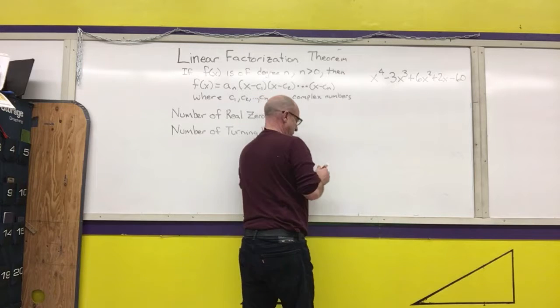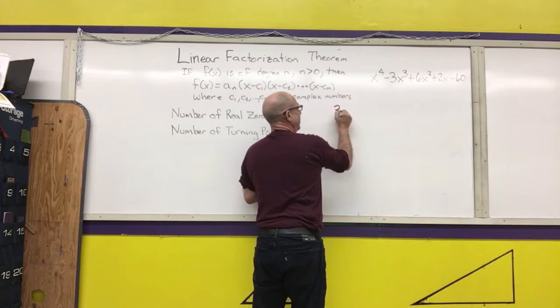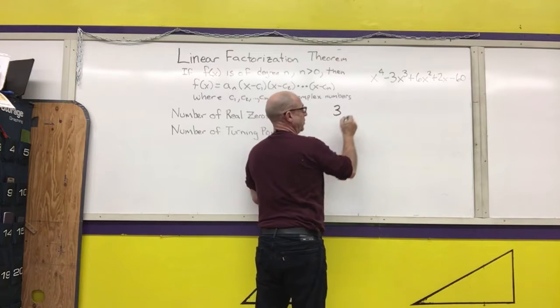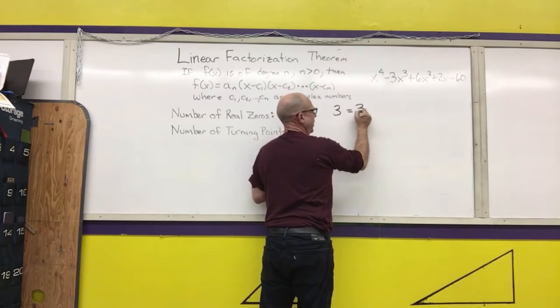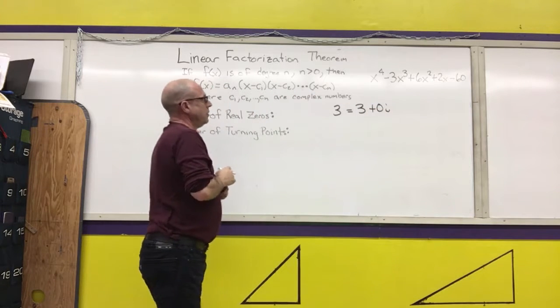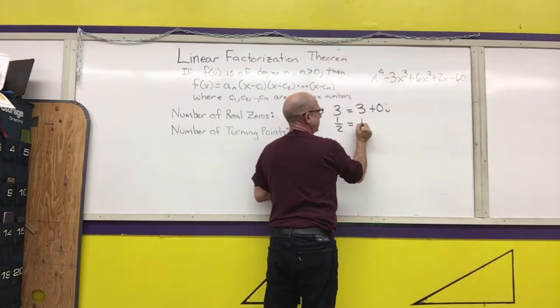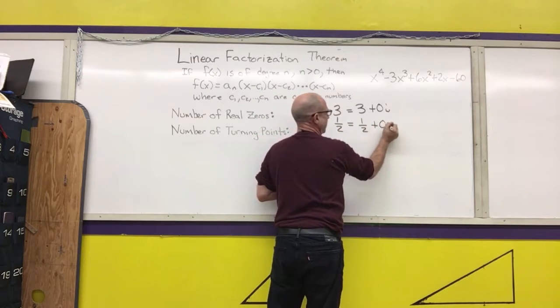Remember that 3 is also a complex number because I can write 3 as 3 plus 0i. 1/2 is also a complex number because I can write it as 1/2 plus 0i.